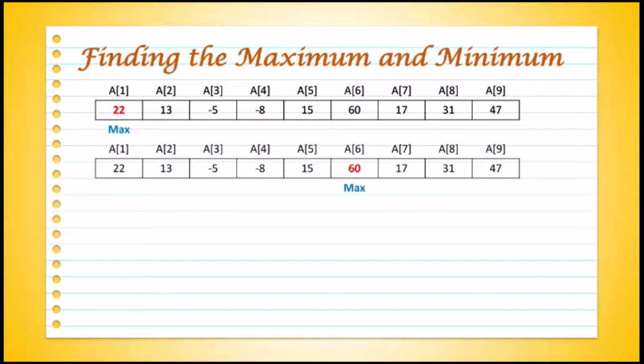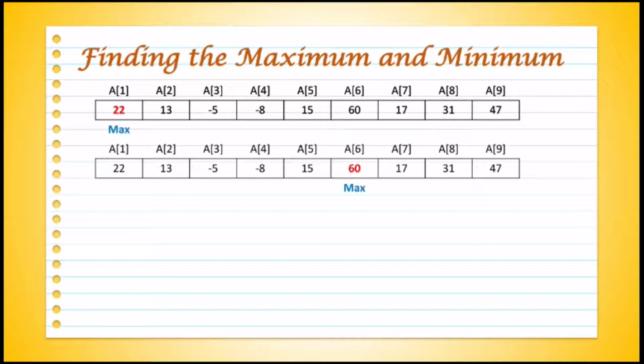The seventh element is 17. Is 17 greater than max, that is, is 17 greater than 60? No, the condition becomes false. So the value of max will remain as it is. Now go for the next element, the eighth one. Is 31 greater than max? No, the condition is false.